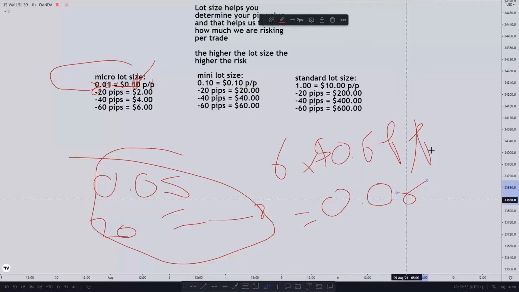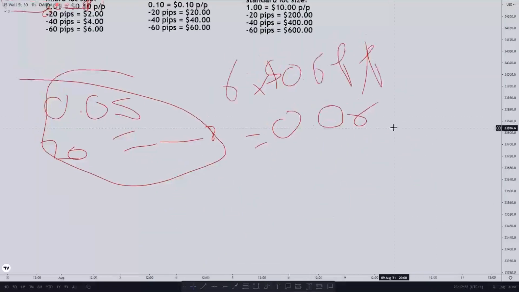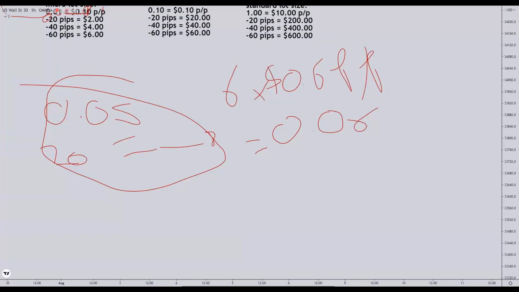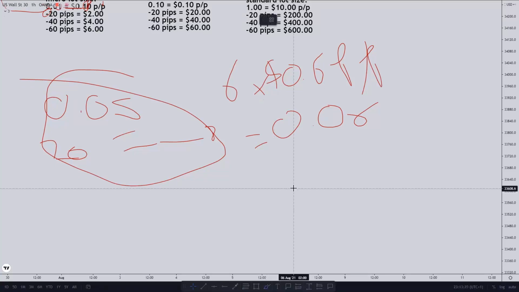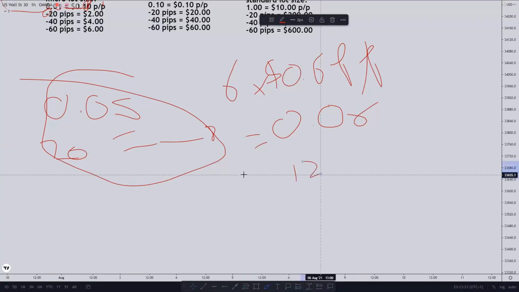So that means your stop loss, which is going to be 20 pips, is now going to be, just quickly calculate that, 0.60 times 20. Yeah. So that means now you are risking $12 on that one position, right?